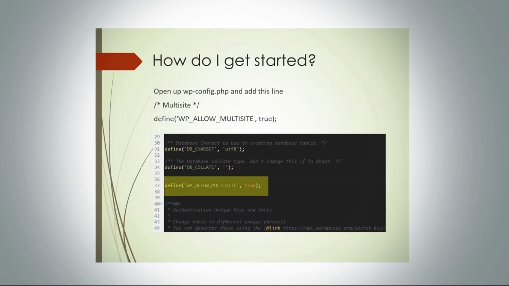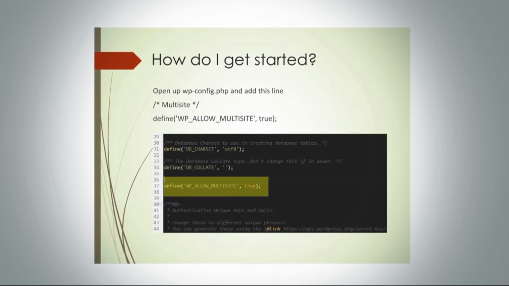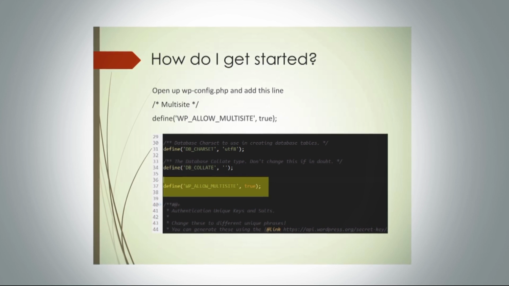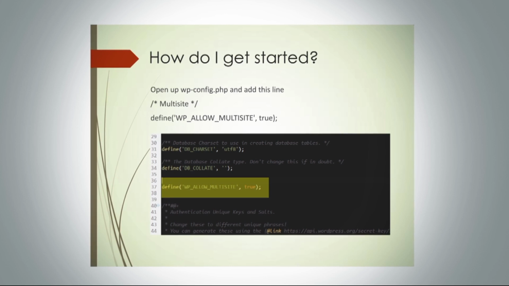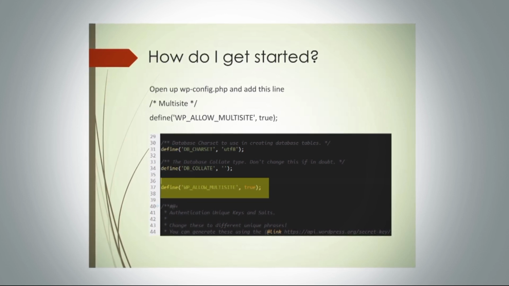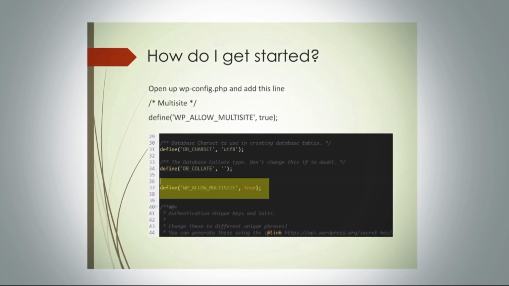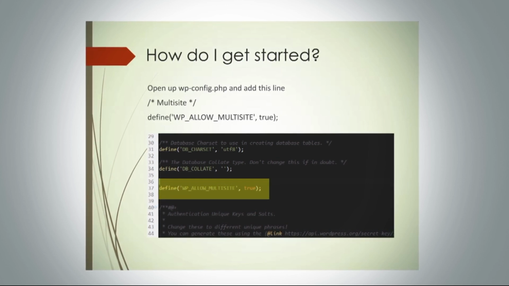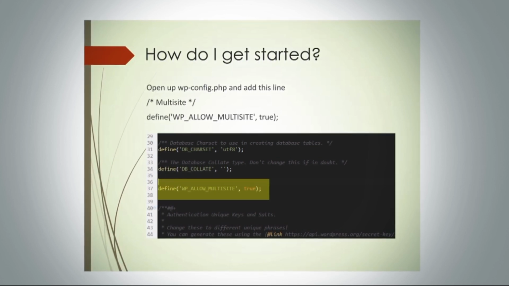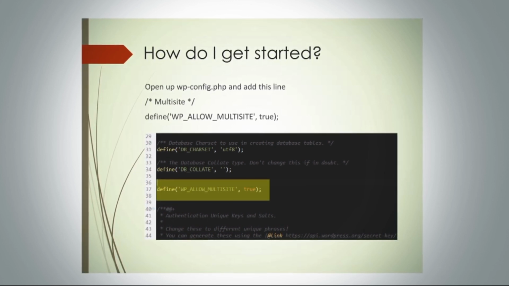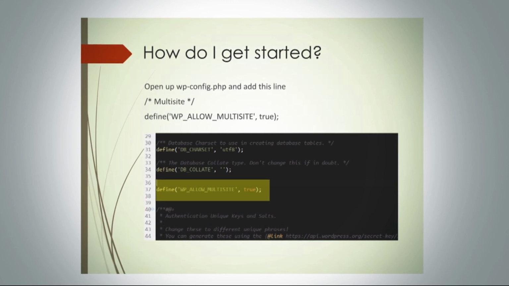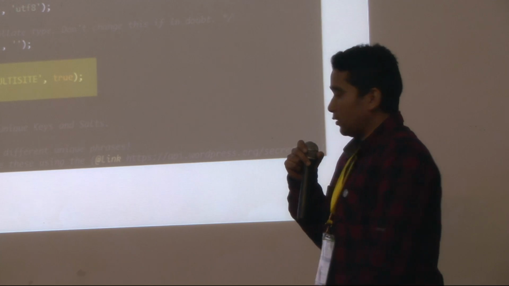All you have to do is add this line to your config file, wp-config.php, in your root folder: define('WP_ALLOW_MULTISITE', true). That's it, you're done. Make sure you put this before the line that says, "That's all, stop editing!" because after that, WordPress takes care of other things, so you would not want to add it there.